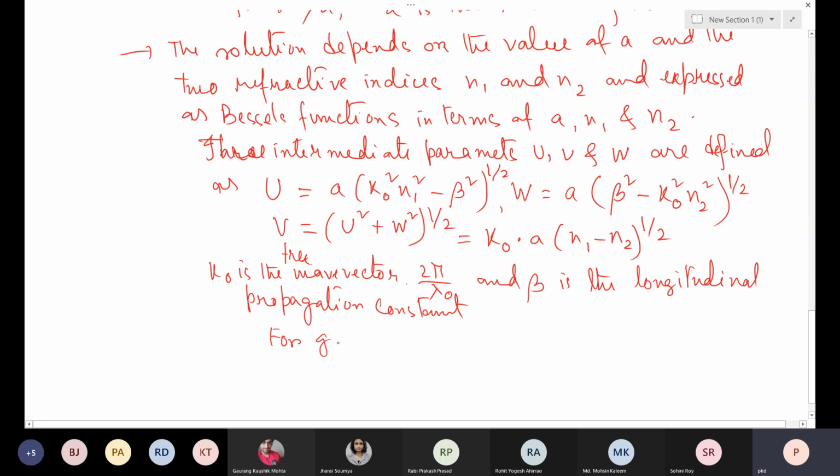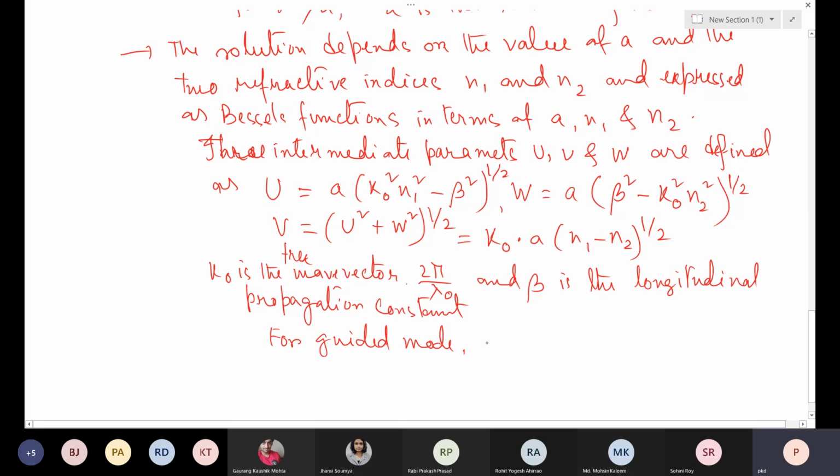It can be shown that to have a solution of the nature exponential of minus j (omega t minus beta z) to have a real value, such that sustained oscillation is there. Or if there is sustained oscillation, actually the wave is propagating lengthwise.